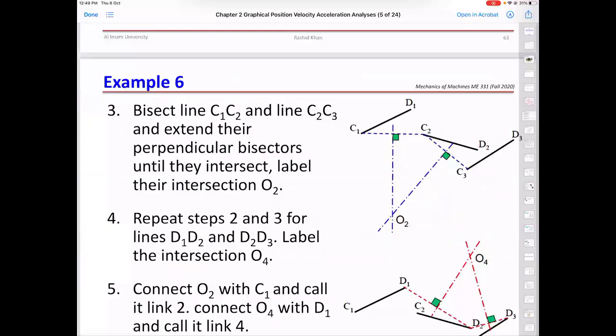And extend their perpendicular bisector into the intersect. Okay, so we need to extend the bisectors.